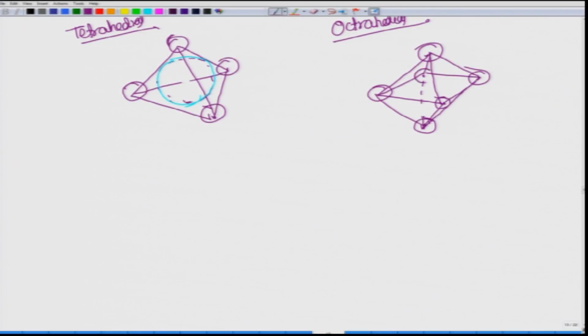Now, the way I am drawing, I am intentionally showing a much larger space than is actually available, just to make you understand where this void is, because if I really draw it in the scale of the atoms, it would appear that there is no space at all here. But to make you understand that there is a space here, I have drawn the atoms to be very small, and so there is a space over here where your atom can sit. So, this is the octahedral void.